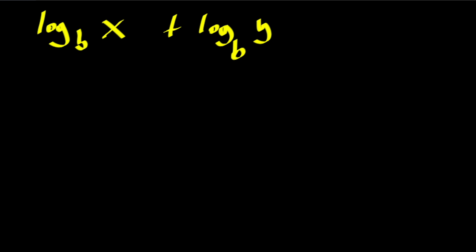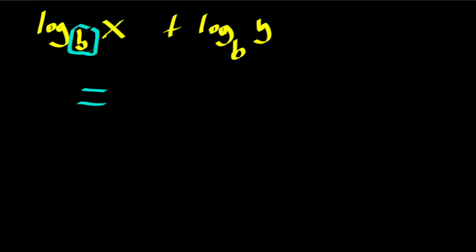If I gave you log base b of x plus log base b of y, there's a property called the product property that says we can condense this into one logarithm.